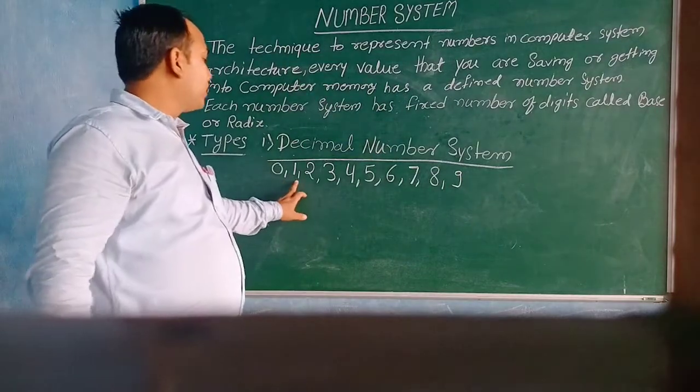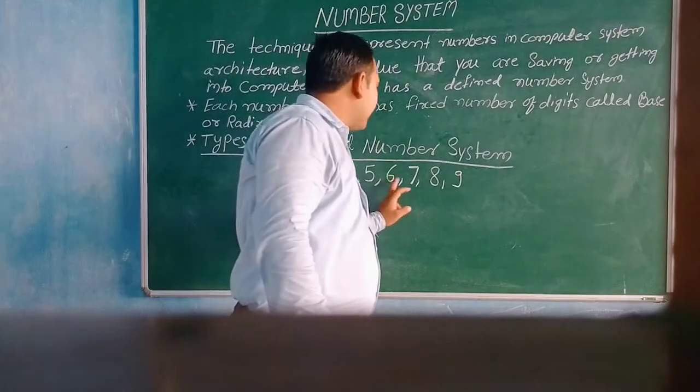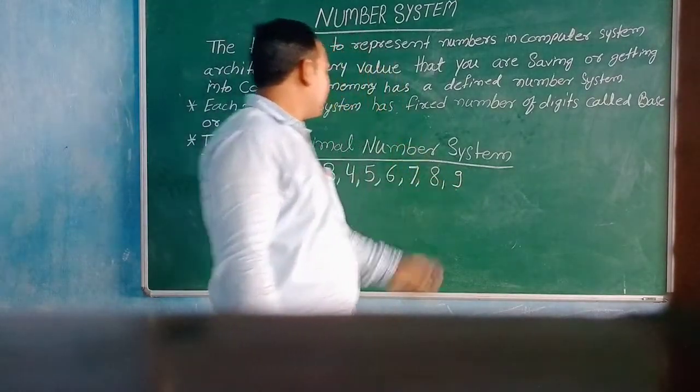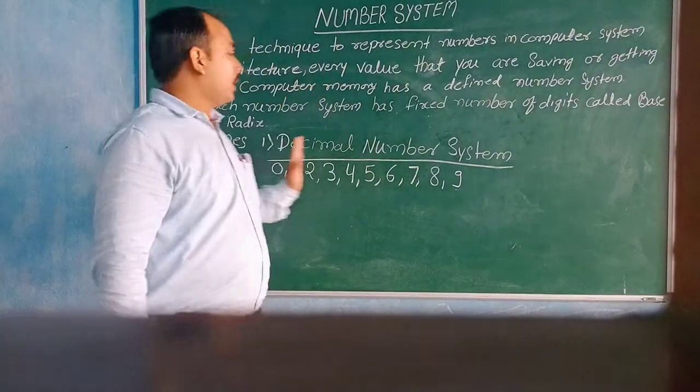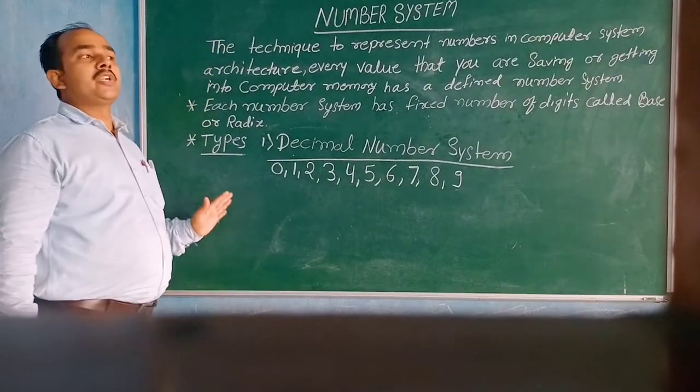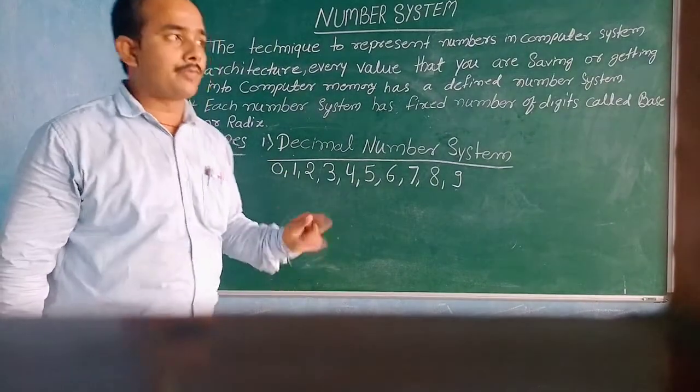So how many digits are present in decimal number system? Here 10 digits are present.